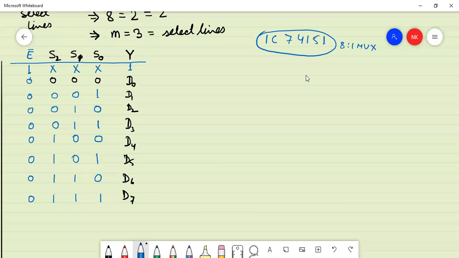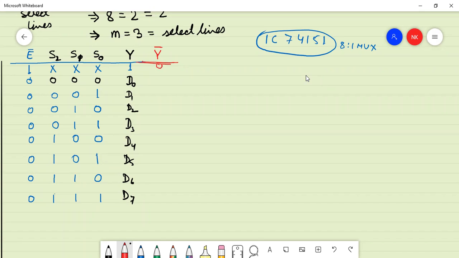So beside this Y output, there is another output pin, which is Y bar. If we are taking the output from this Y bar, then all the outputs of Y will be complemented.